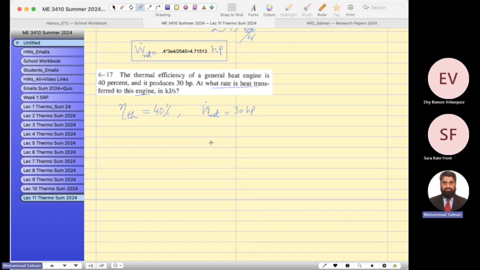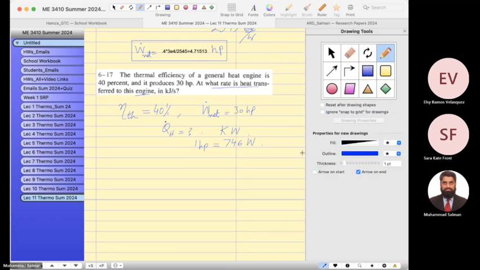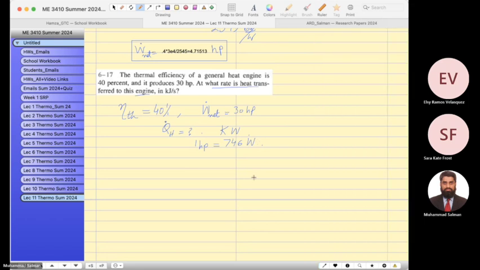So we have to find out the Q dot H in kilowatts. So remember, 1 horsepower is equal to 746 watts. So let's do this over here.